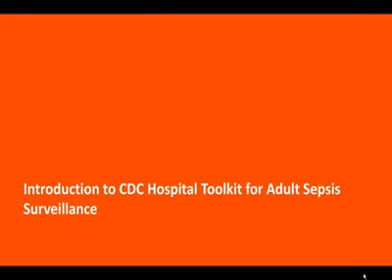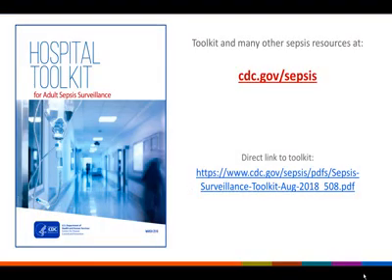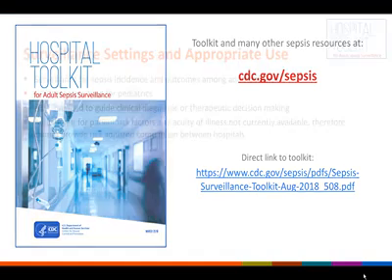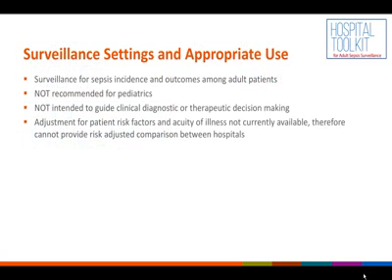Lastly, I'd like to introduce the CDC Hospital Toolkit for Adult Sepsis Surveillance. Based on the methodology I've described, we created a toolkit to help interested hospitals and health systems use the CDC Adult Sepsis Event definition to track sepsis for their own purposes. It's available now on the CDC website at the following links. We specify upfront that the toolkit is for certain surveillance purposes, but not all.